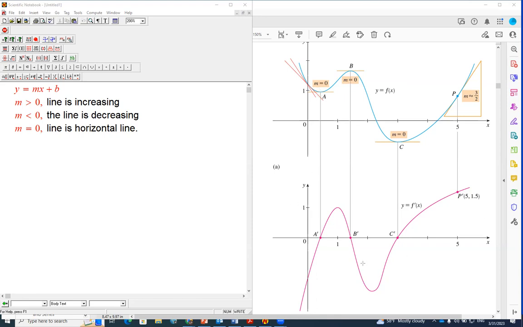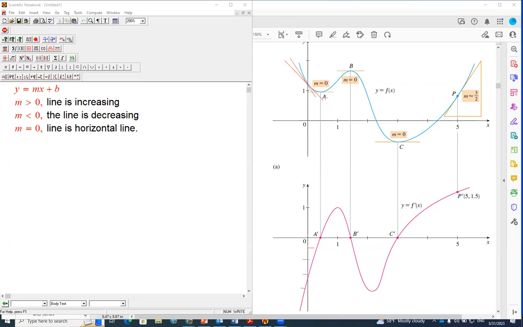So this is the curve of the derivative, and this is the curve of the function. This is the place where m is 0. Before point A, the slopes are negative. All of these tell us the slopes are negative, and these negative slopes correspond to the decreasing tangent lines.